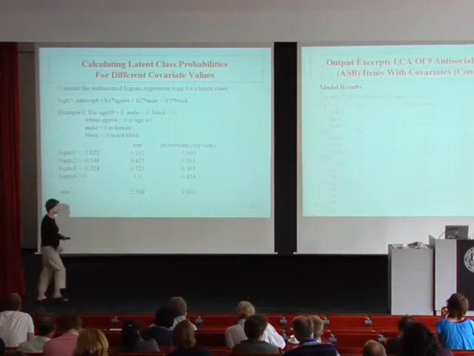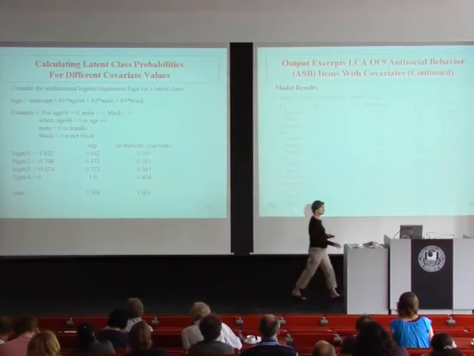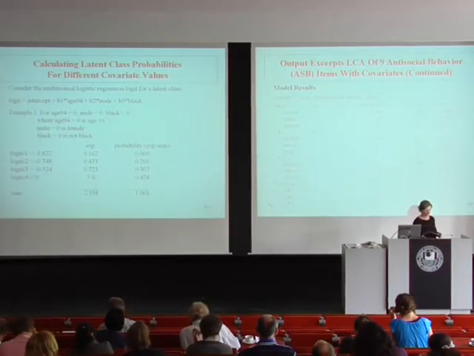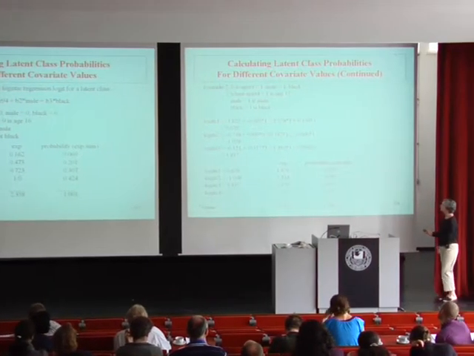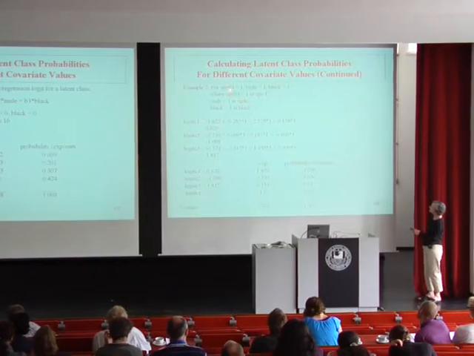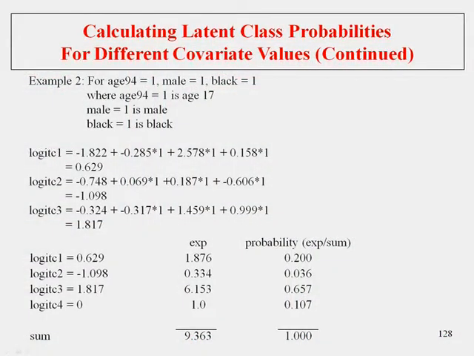And then on this next slide, I show you an example where instead of having all the covariates equal 0, we have male equal to 1, black equal to 1, and age equal to 1. So then the logit becomes a little bit more complicated.